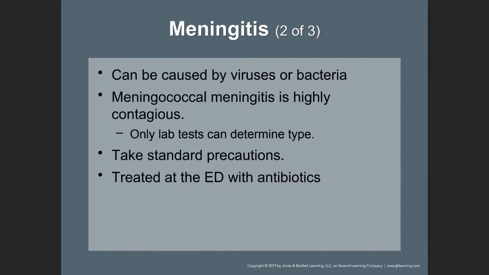Meningitis can be viral or it can be as a result of a bacteria, so it can be caused by viruses or bacteria. The meningococcal meningitis is the one that is highly contagious. Only lab tests can determine the type. Take appropriate standard precautions, and it is treated in the ED with antibiotics.